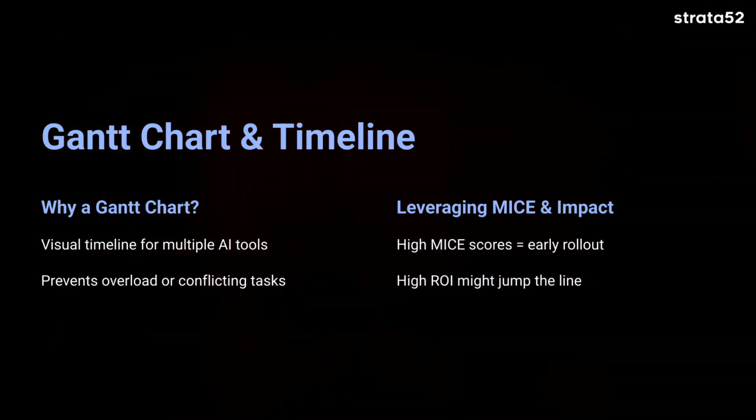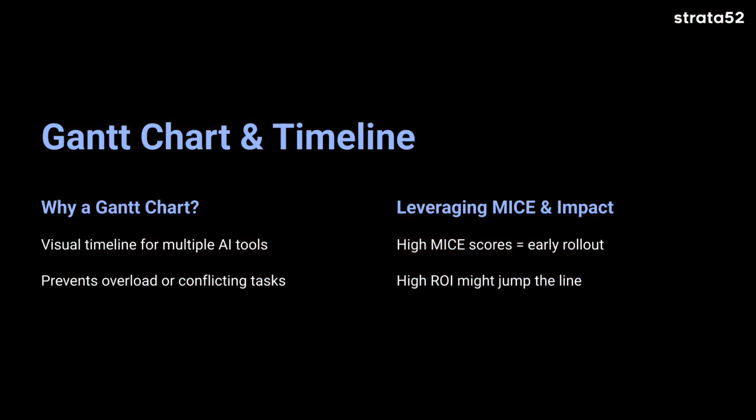So when you're deploying multiple AI tools, each with its own set of complexities, you need a clear visual timeline. And the Gantt chart tab in your sample AI roadmap spreadsheet is really perfect for this. This is where we're going to leverage the MICE scores and the quantifiable impact section, where the high MICE scores indicate tools that are both impactful and relatively easy to implement.